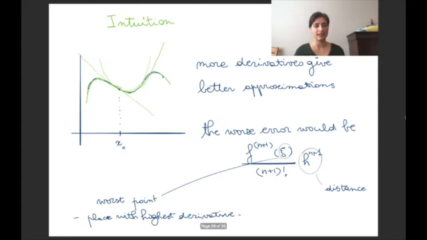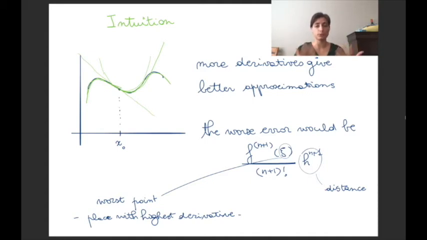Let's look at an intuition. I know the drawing is not great. There is going to be a better one on the next slide. So we have this blue function and a point that we can start approximating by a line, that is tangent to the function. Then we can try approximating with a parabola, then with a third order polynomial, then a fourth order, and so forth. So we're trying to approximate our function with polynomial information through the derivatives.